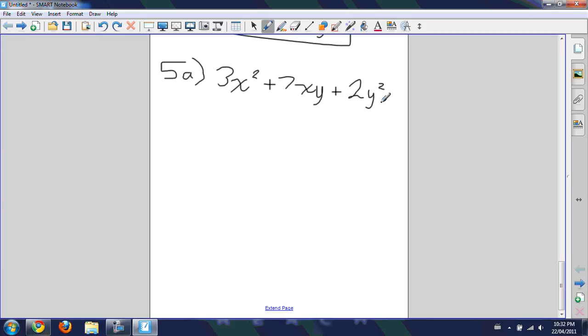This question is a little different from the other ones because the c has a y value with an exponent, but we still do it the same way.